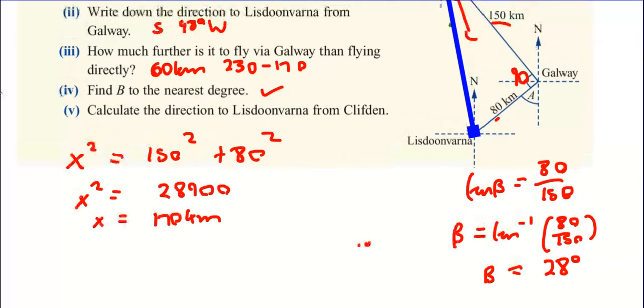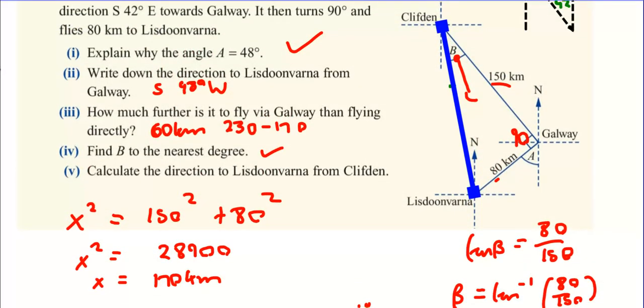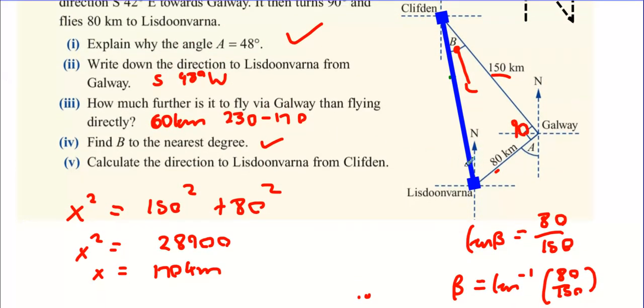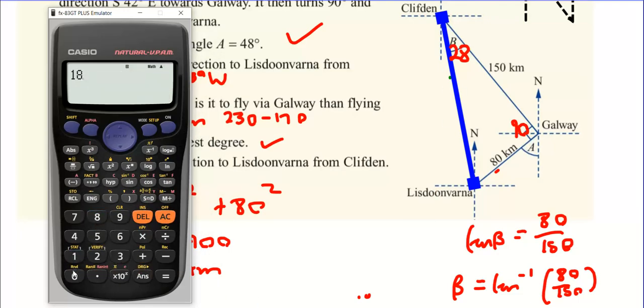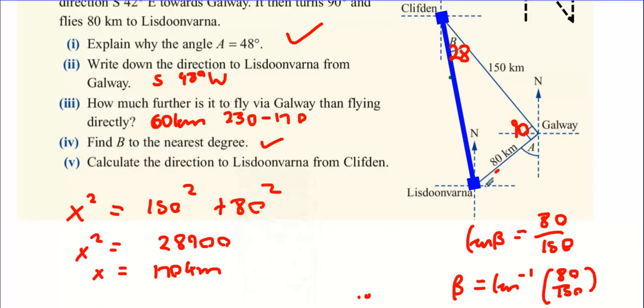Calculate the direction from Lisdoonvarna to Clifton. Okay. Well, we're doing all right here, I believe. So get this one. If this is 28, this angle here is 90, and it's going to be 180 degrees take away your 90 and take away your 28, which is 62 degrees.